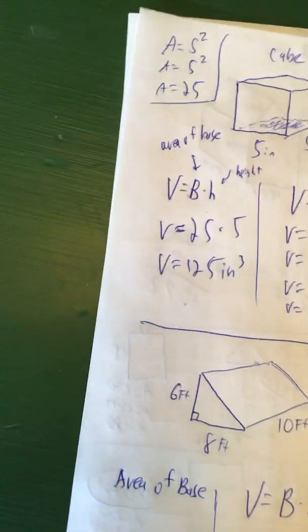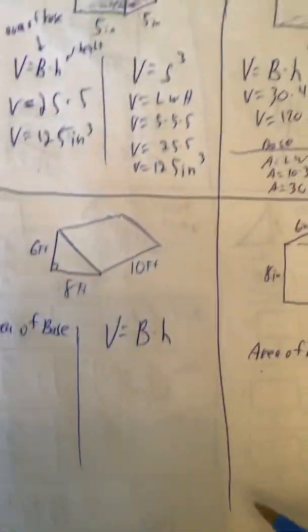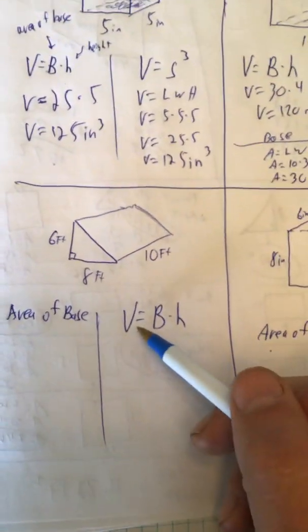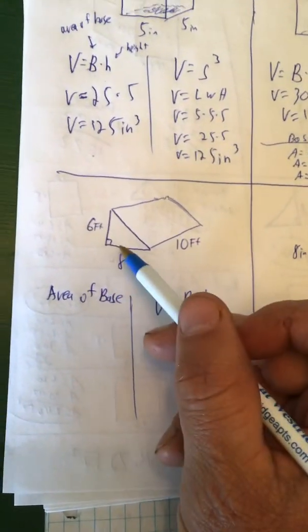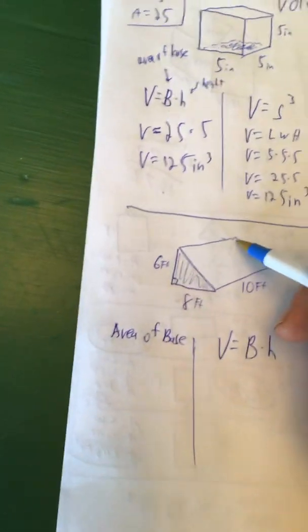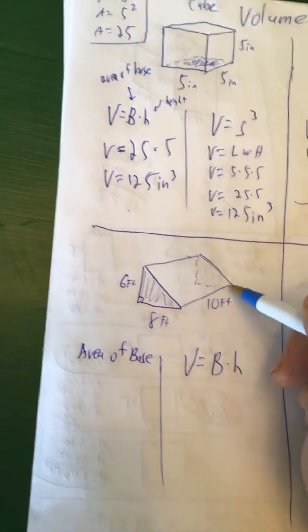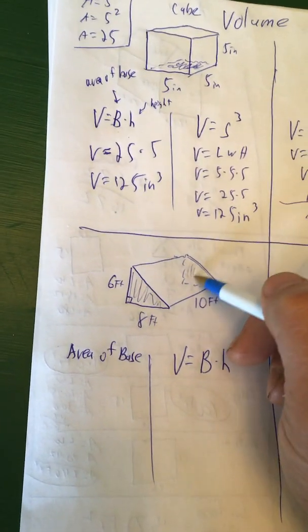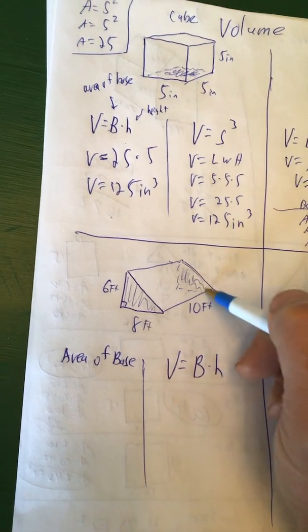Like here, these next ones are different. So you're going to have to do it this way. Use the area of the base times height. So here's my base. And the base doesn't have to be at the bottom. The base is parallel to the other base. They're identical and parallel.